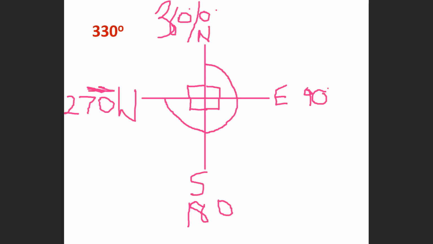So 330 degrees is actually more than 270. So if 330 is more than 270, that means we're still going to continue to move our indicator, which indicates the 330 degrees. So the indicator continues all the way to this 270.